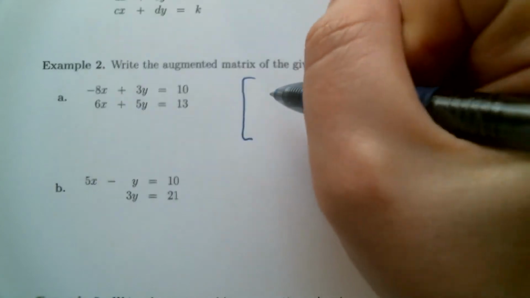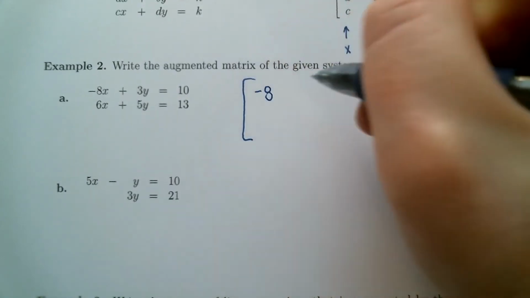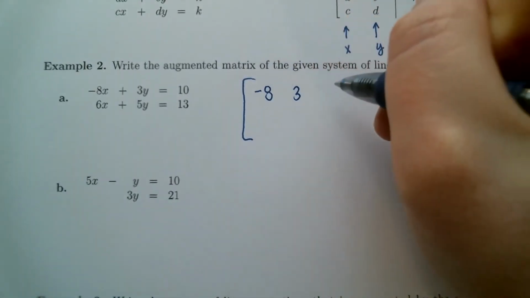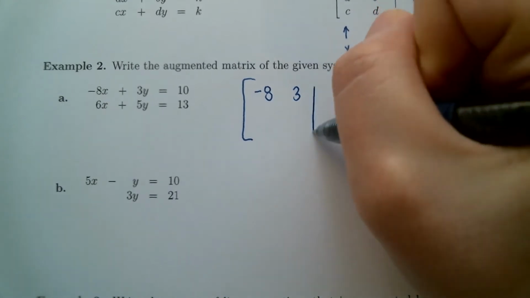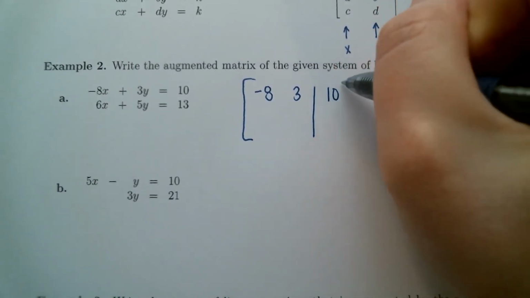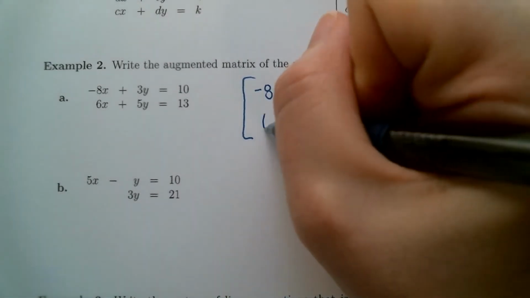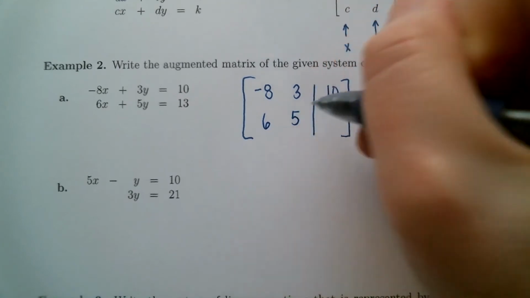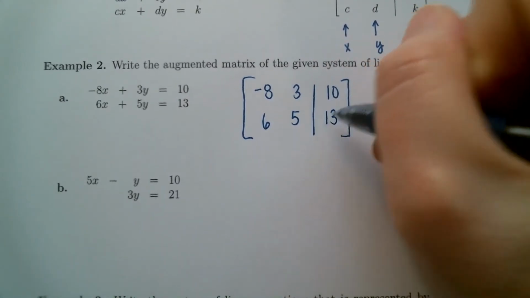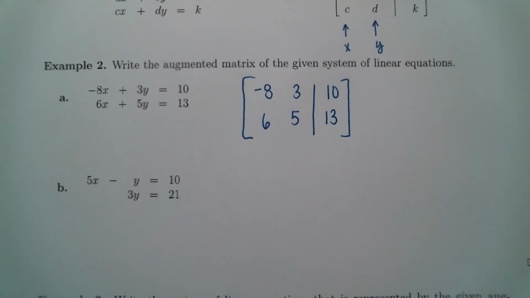For the first equation, there's a negative 8 in front of x, a positive 3 in front of y, and on the other side of the equal sign, a positive 10. That's it for the first equation. For the second equation, there is a 6 in front of x, a positive 5 in front of y, and 13 on the other side. That is it.